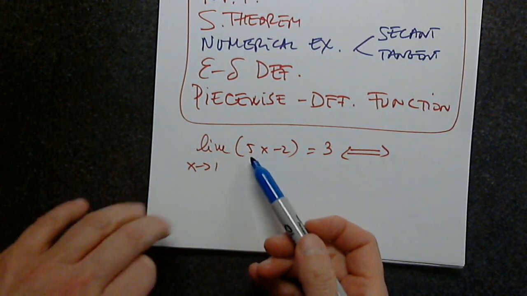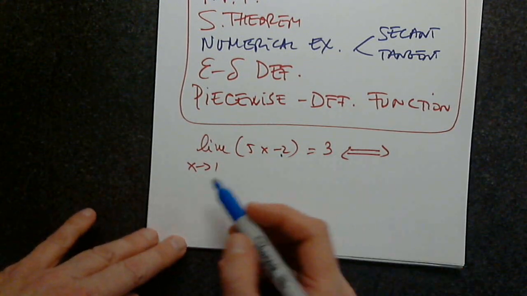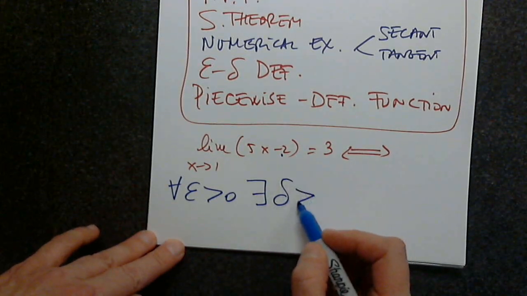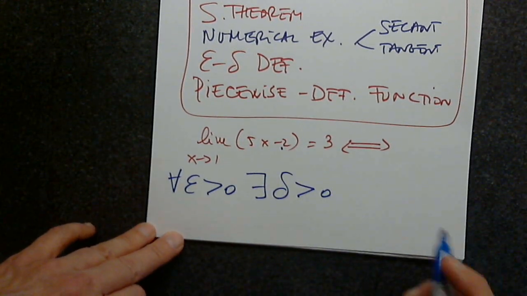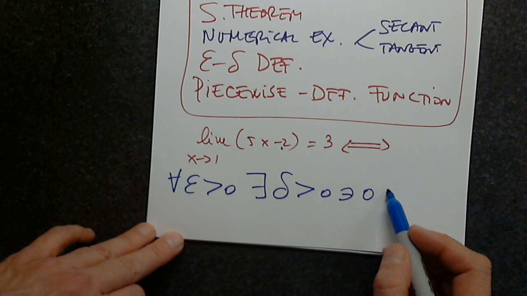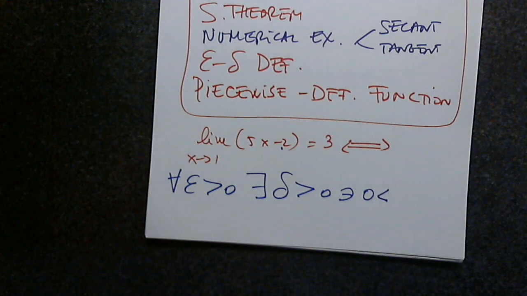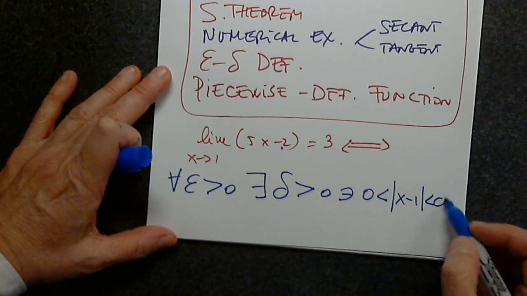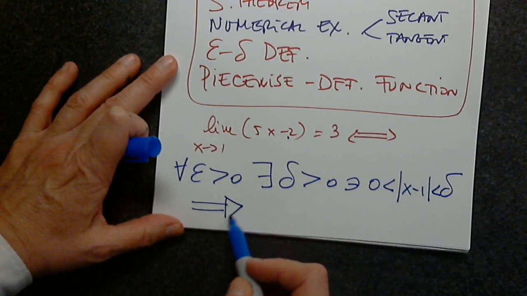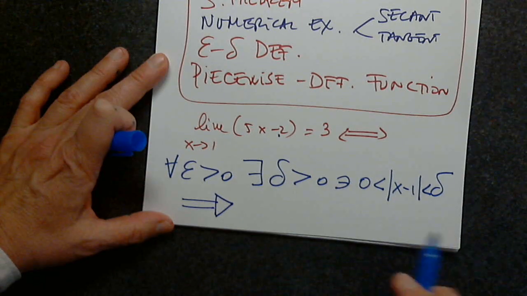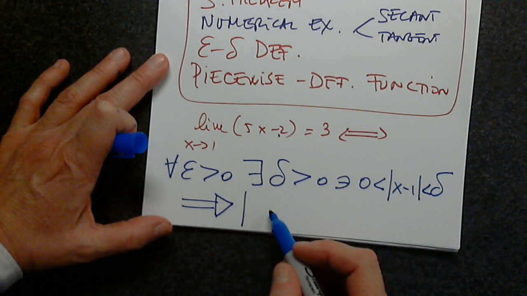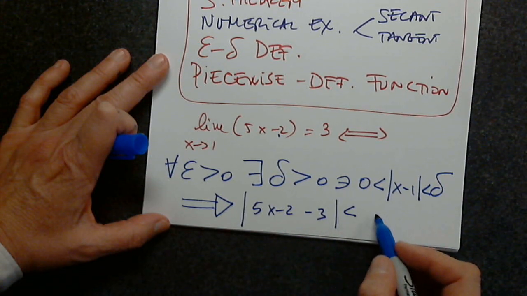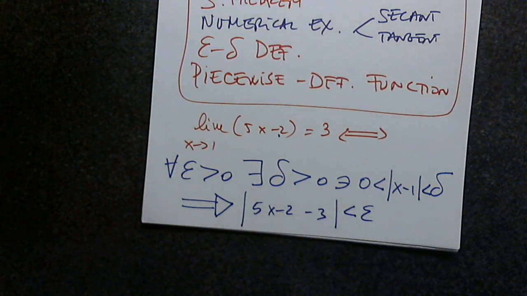So 5 times 1 is 5 plus minus 2 is 3. So for every epsilon positive, I will find the corresponding delta positive such that 0 less than absolute value less than delta. This will definitely and always and forever imply is less than epsilon, that's it. Great job.